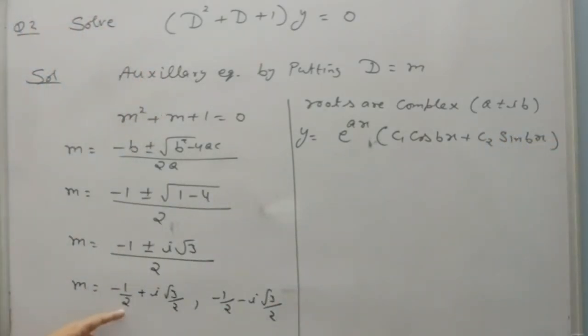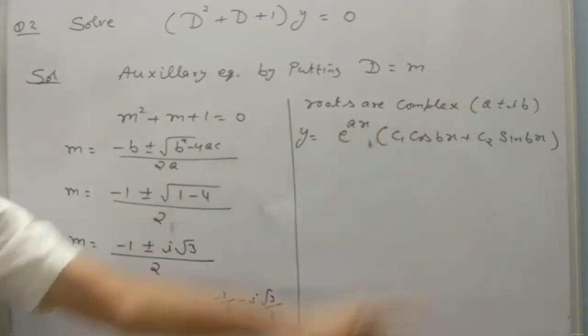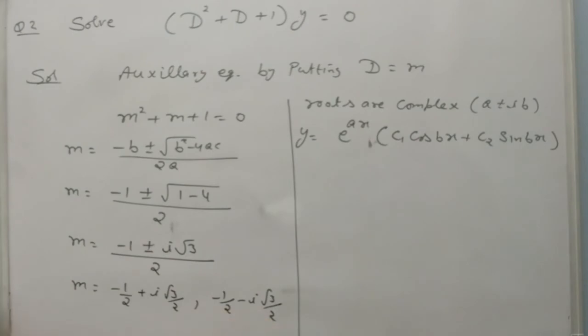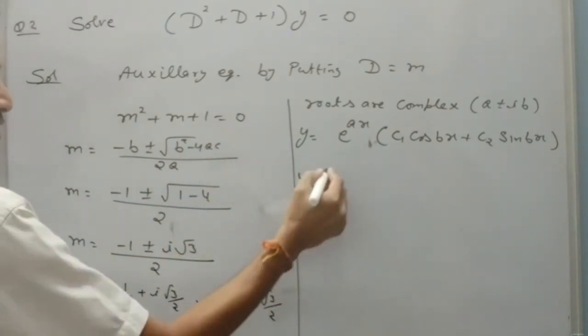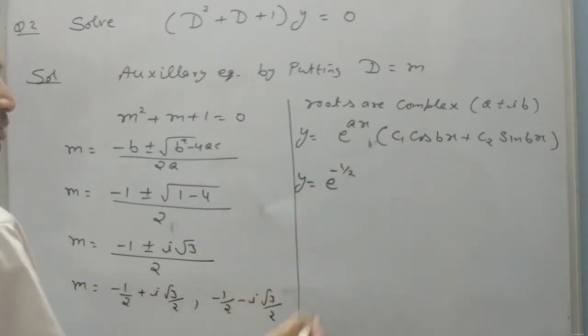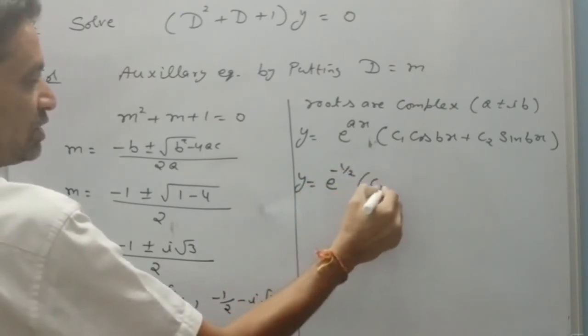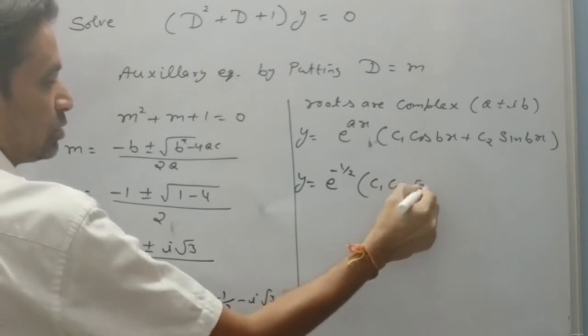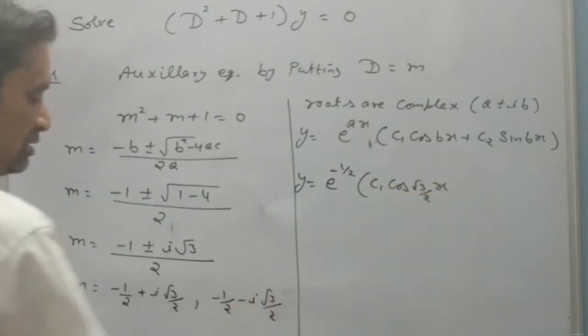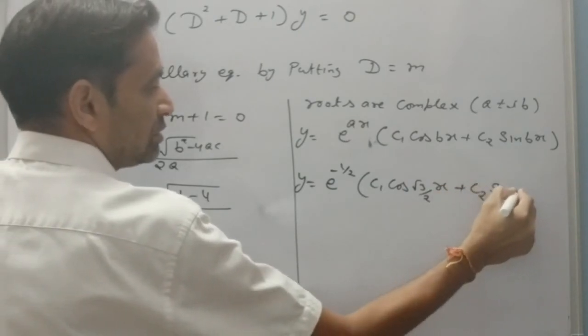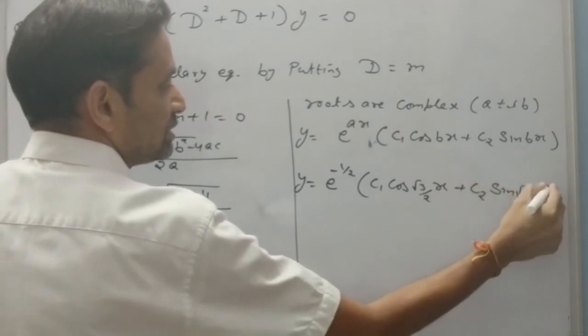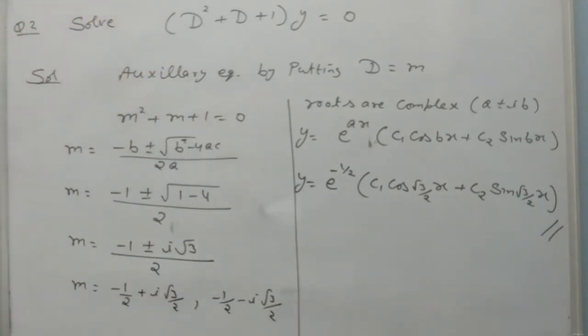We can see the real part of the complex root is a, and the imaginary part is b. Put the values, we will get y is equal to e to the power minus 1 by 2 x, c1 cos root 3 by 2 x plus c2 sine root 3 by 2 x, is the required solution of the given differential equation.